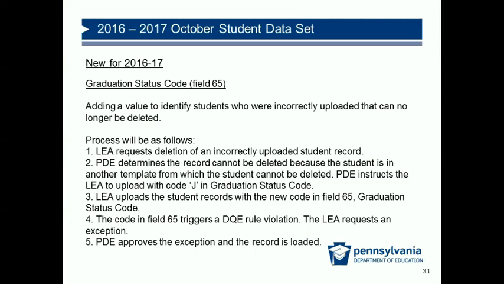PDE determines the record cannot be deleted because the student is in another template from which the student cannot be deleted. PDE instructs the LEA to upload with code J in graduation status code. The LEA uploads the student records with the new code in field 65. The code in field 65 triggers a DQE rule violation. The LEA requests an exception. Finally, PDE approves the exception and the record is loaded.